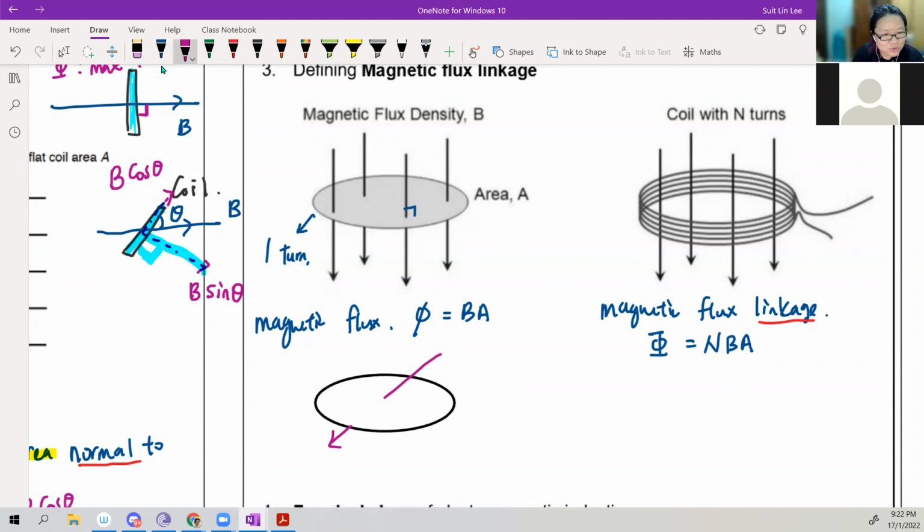Okay, so this is the plane of the coil. So maybe this one is my theta. So from here, your flux, with lowercase phi, is BA sine theta. So I'll always take the angle between the field line and the plane of the coil.